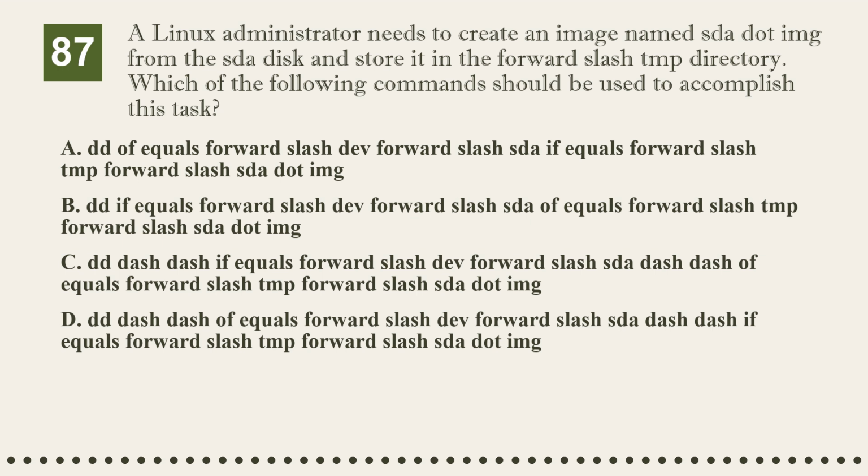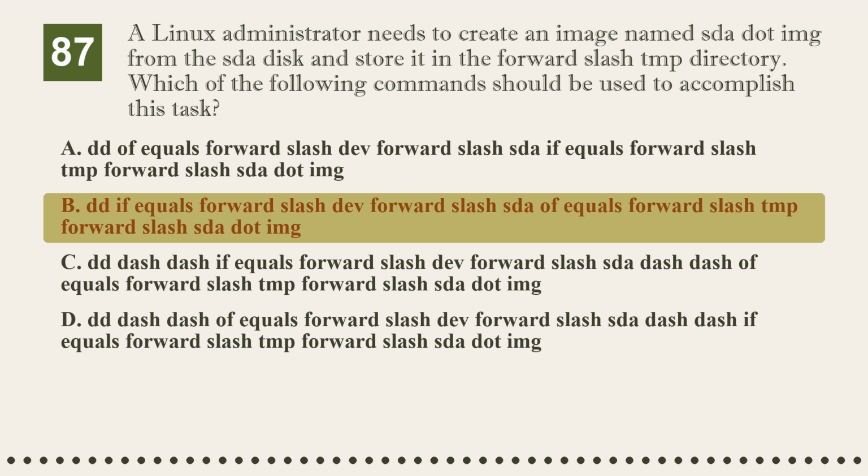Option C, dd --if=/dev/sda --of=/tmp/sda.img. Option D, dd --of=/dev/sda --if=/tmp/sda.img. The correct answer is option B, dd if=/dev/sda of=/tmp/sda.img.